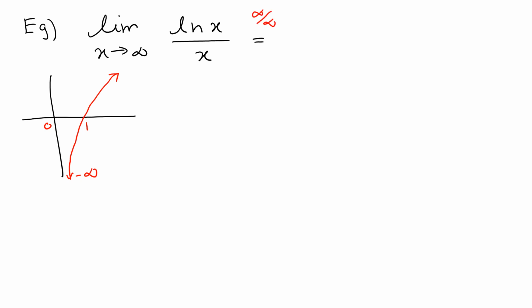So that means an infinity over infinity situation. So we can take the derivatives. We take the derivative of ln x. This is something we remember. So we know the derivative of the natural log function is 1 over x.